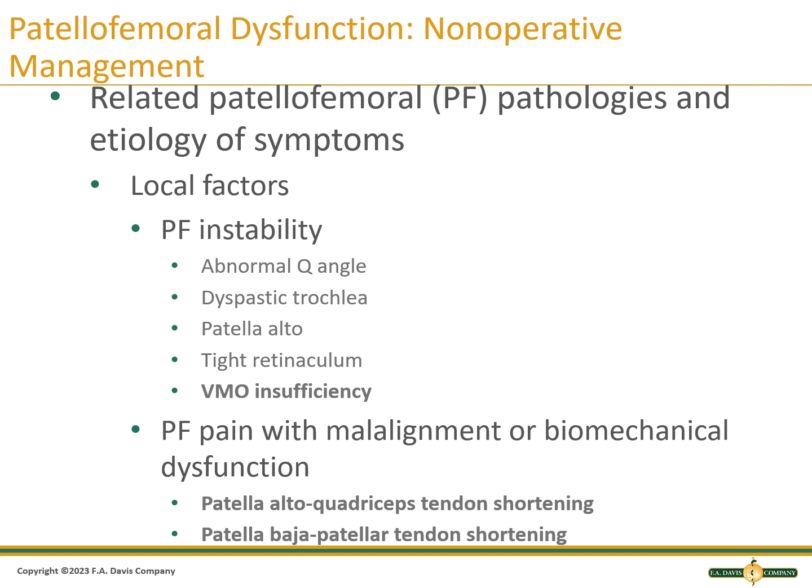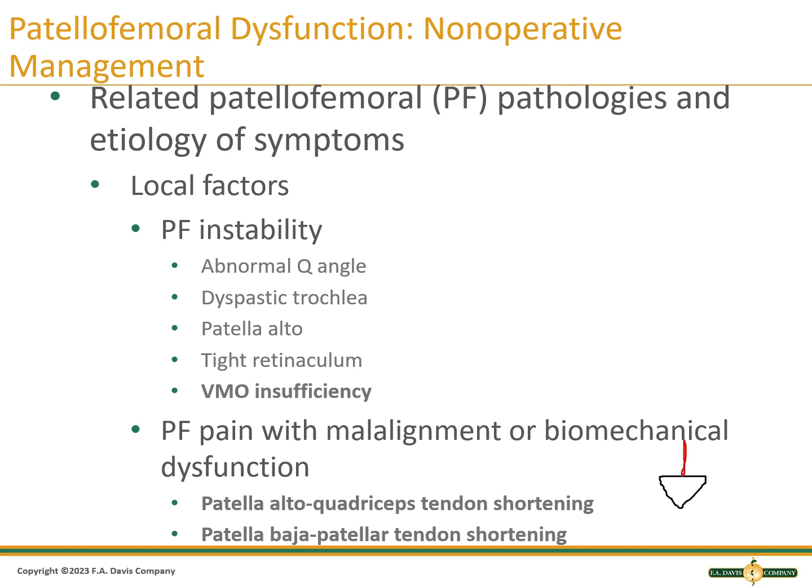Patellofemoral pain with malalignment or biomechanical dysfunction is going to be related to the patella positioning. So we have patella alta, which is going to be a high patella, and patella baja, which is going to be a low patella. And so they're named by their position, but the tissue that they affect matters. And so if this is our patella here, our little triangle-shaped patella, my quadriceps tendon is going to be above my patella, right?